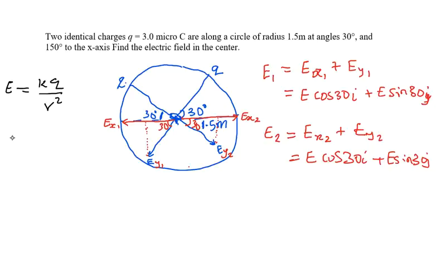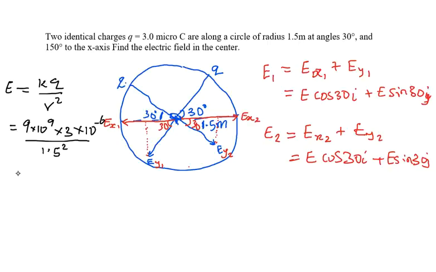So E is equal to, K is a constant, which is 9 times 10 to the power 9, and Q is 3 microcoulomb, that is 3 times 10 to the power negative 6, divided by R. R is 1.5, which is 1.5 squared.